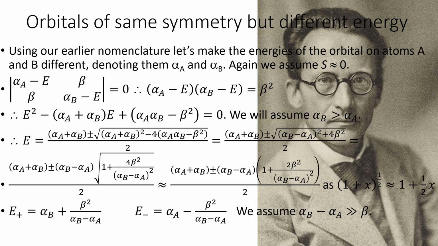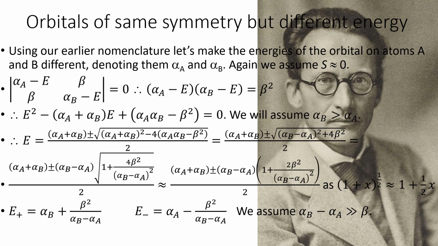So you remember here that alpha b was higher in energy, and beta is a negative term, but beta squared is positive, and alpha b minus alpha a is also positive because we've decided that alpha b is larger than alpha a. So what's happened here is that in this interaction, the higher energy orbital b has gone even higher in energy. So it's alpha b plus a positive term.